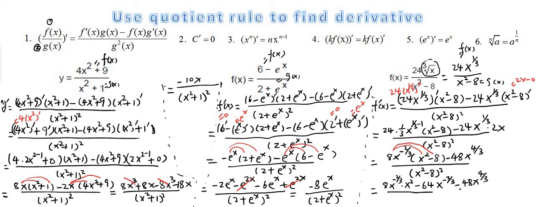Okay, and we can continue to simplify it. As we can see, when we multiply these two terms together, we're going to get negative 2/3 plus 2, which should be x to the power 4/3. Okay, so we can combine these two terms.